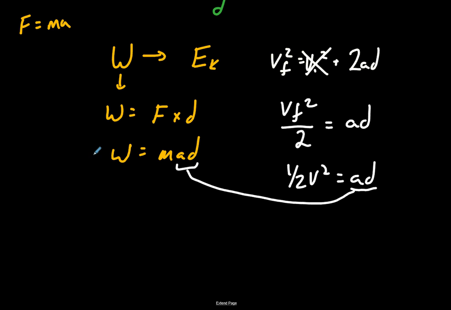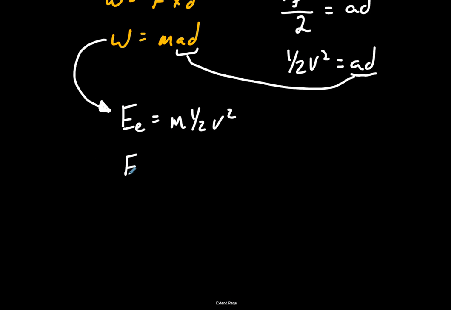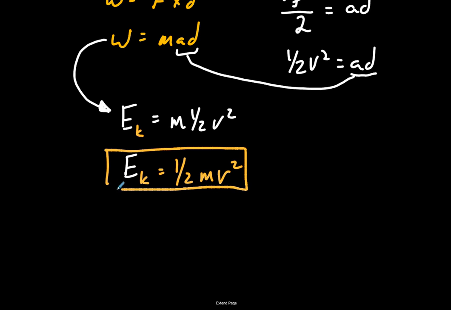The amount of work I did will be converted into energy of motion of that object rolling along, which is equal to m, and we're going to replace a d with 1/2 v squared, and rearrange. I don't know why I have an E there, it should be a K, my bad. It's kinetic energy. The kinetic energy is equal to 1/2 the mass times the square of the velocity of the object that I'm pushing along.